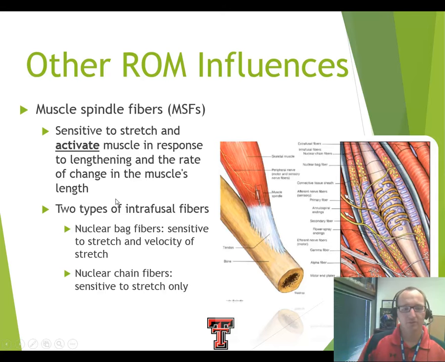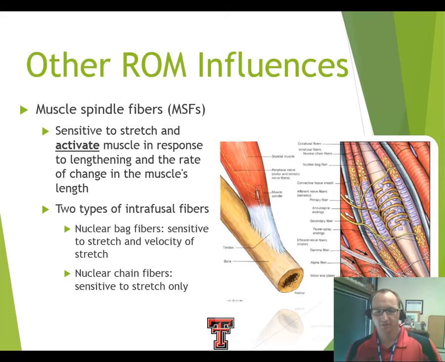There are two types of intrafusal fibers. So intra, within, fusal refers to the cells around it. And nuclear bag fibers are one particular type of intrafusal fiber. They are sensitive to stretch as well as the rate of change in that stretch. Okay? Whereas nuclear chain fibers are sensitive only to stretch.